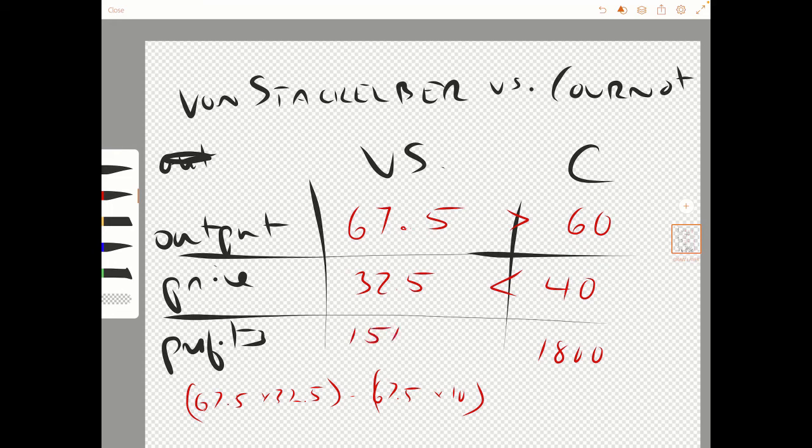And when you do that, you end up with $1,518.75, which is less than Cournot. So this is kind of interesting. With the leader-follower model, there's certainly one firm that does better, but the Von Stackelberg outcome gives us an outcome that is slightly more like the competitive market, where there's larger output, lower prices, and lower profits for the firms.